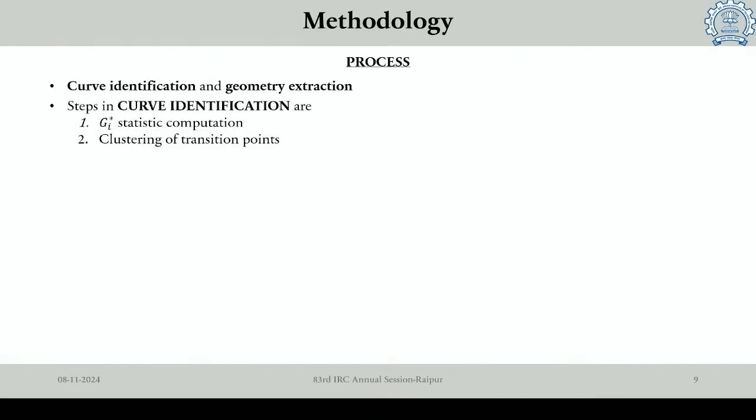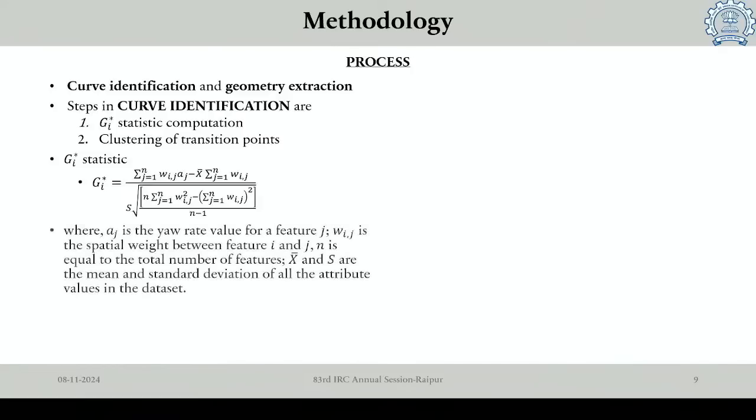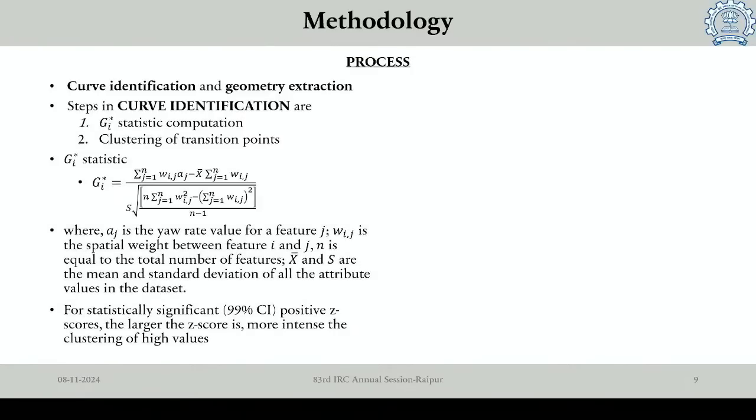In the curve identification, two parts are the GI star statistic computation and the clustering of the transition points. This is a GI star statistic. It is a spatial statistic tool that can cluster the spatially higher values and the lower values. So it is basically a z-score value which clusters the higher values and the lower values based on the confidence interval.